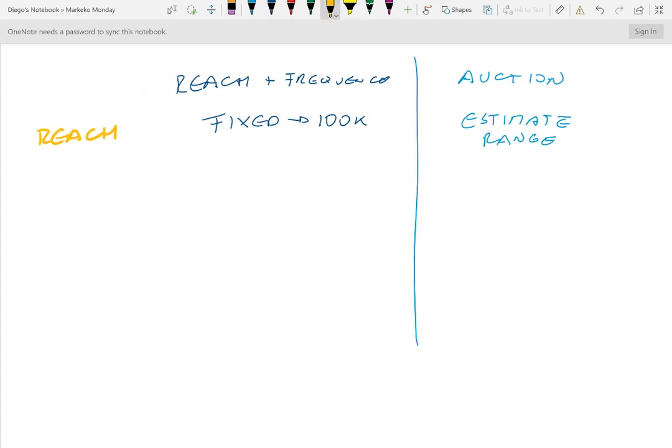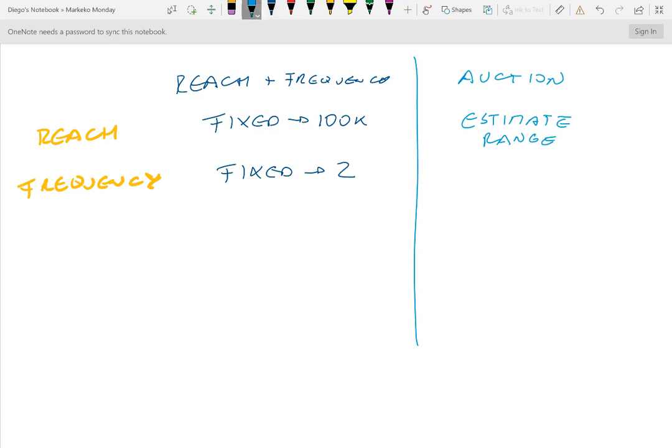The second big thing that you need to know is frequency. With reach and frequency, I'm fixing the frequency. I can tell Facebook I want to show my ad two times within a time frame, so that people see my ad at least two times.